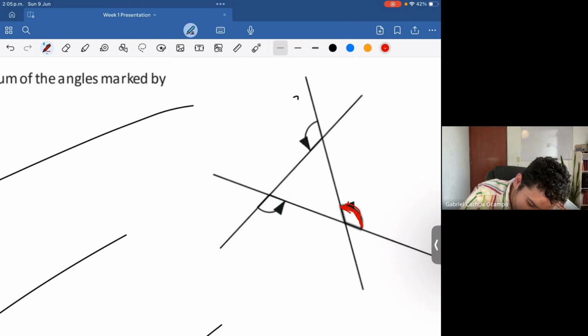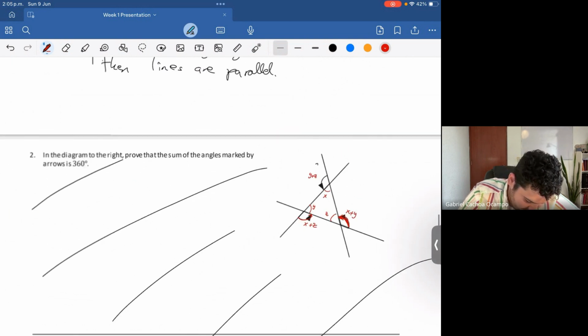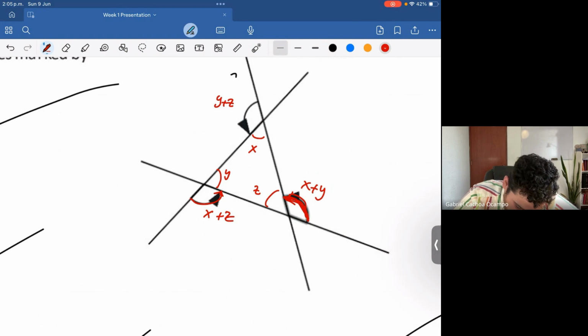If I call them X, Y, C, you know that this is X plus Y. This is Y plus C. And this is X plus C. So adding these three angles, you would have X plus C plus X plus Y plus C. Now if you collect like terms, you have 2X plus 2Y plus 2C.